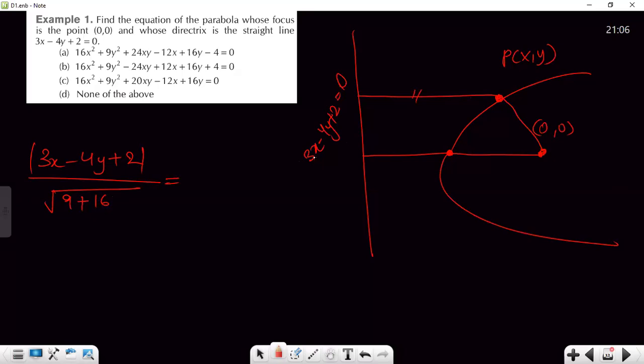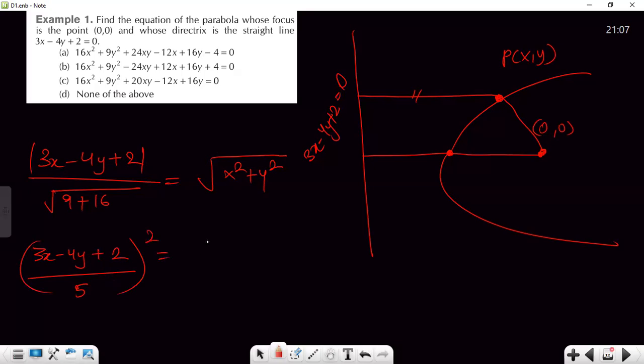This distance should be equal to the distance between the focus and this point. This will be given by the square root of x minus 0 whole square plus y minus 0 whole square. Taking the square root onto the left hand side and squaring it, 9 plus 16 is 25 now. 25 square root is 5.